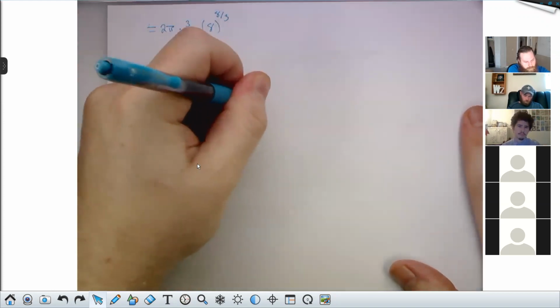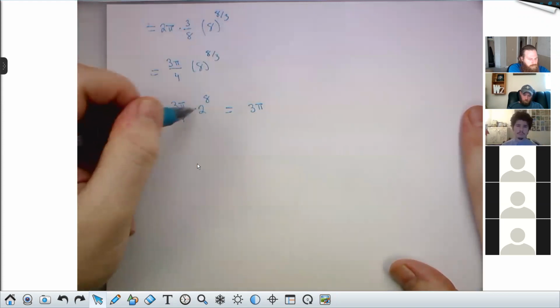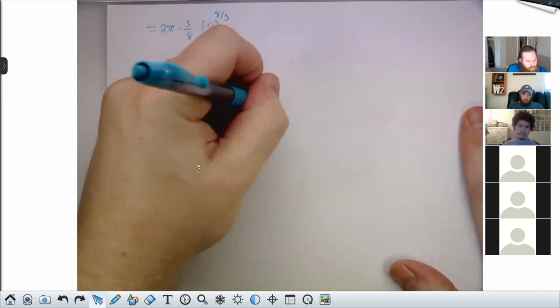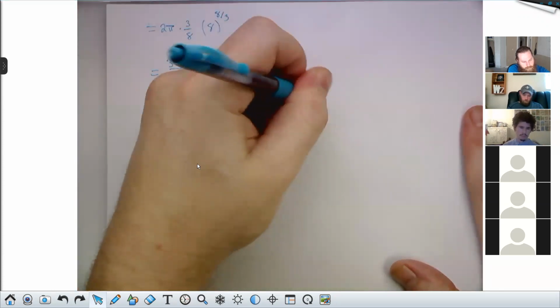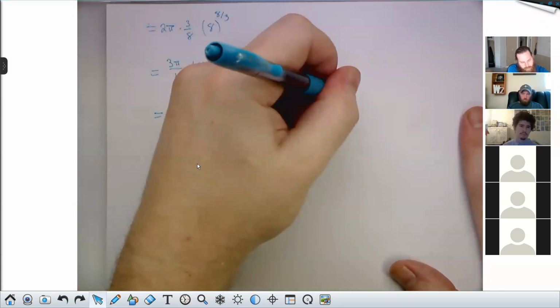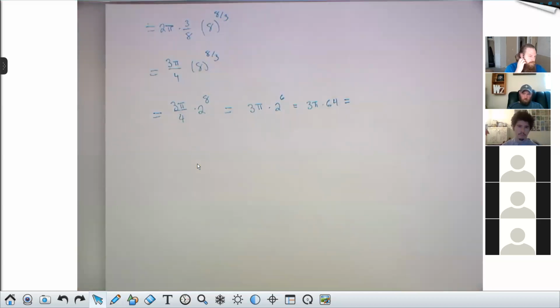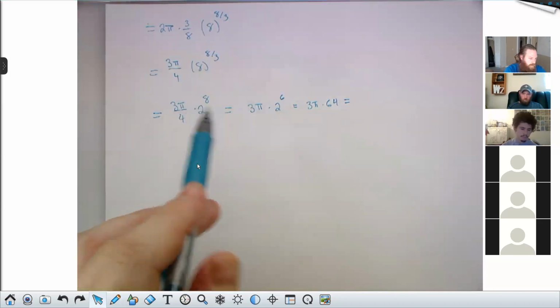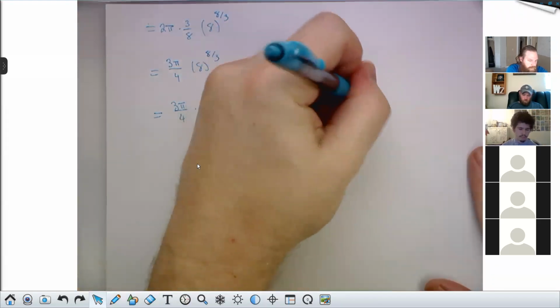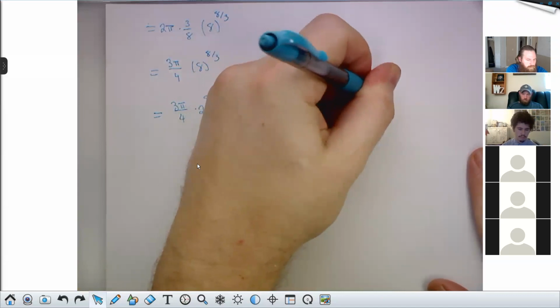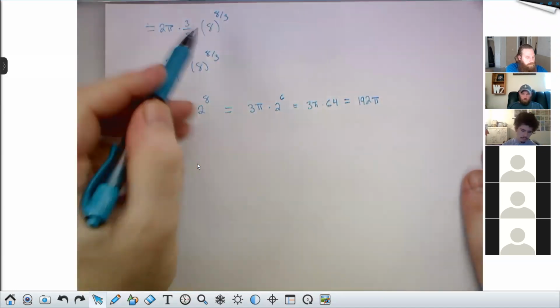This is 3 pi. 2 to the 8 divided by 2 squared is 2 to the 6, which is 64. And it's up to you if you want to clean this all the way up. 3 times 60 is 180, plus 3 times 4 is 12, so it's 192 pi. But I would be happy once you get to here.